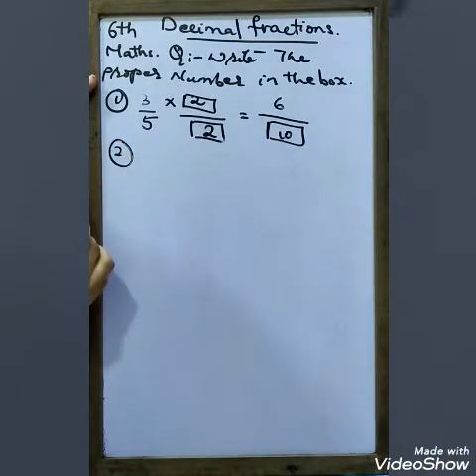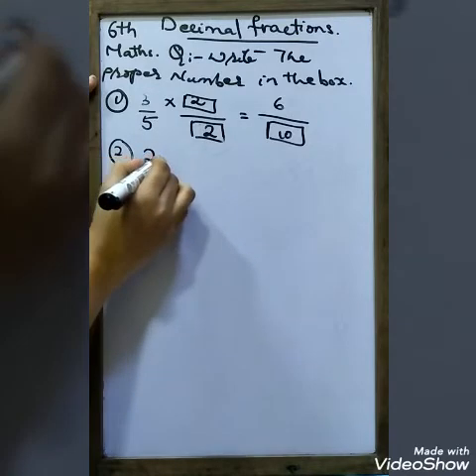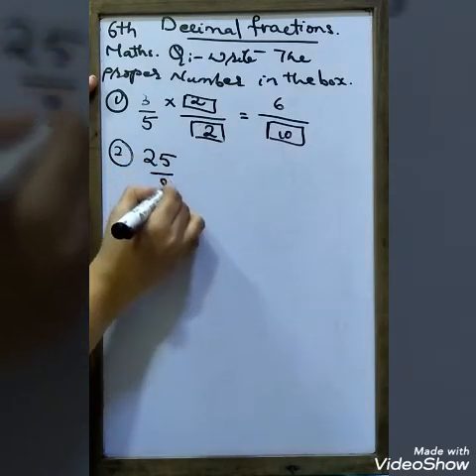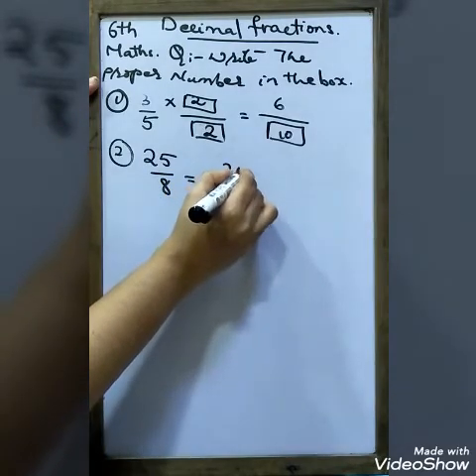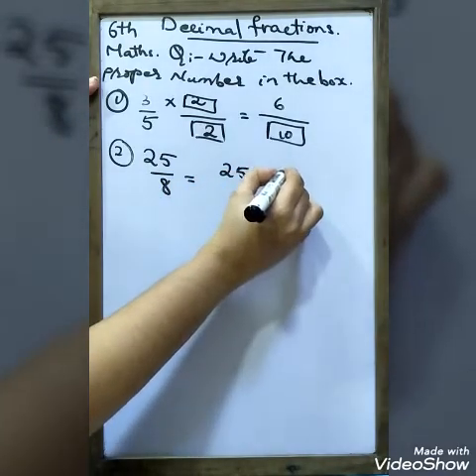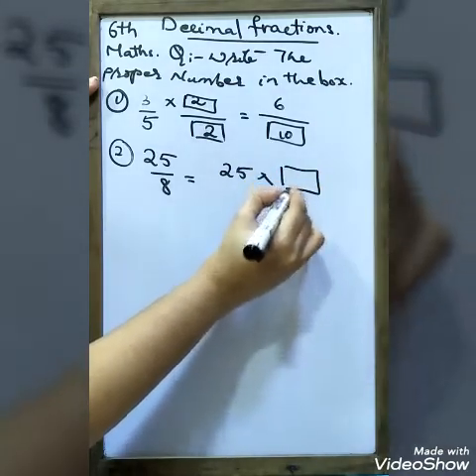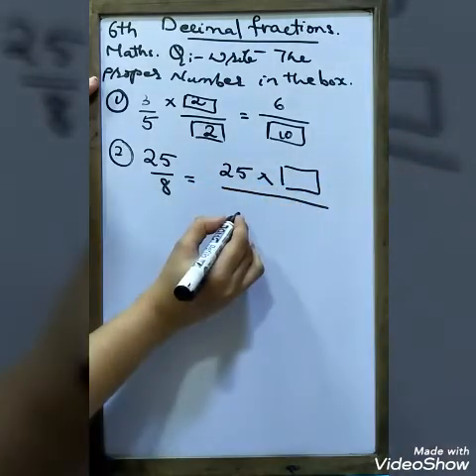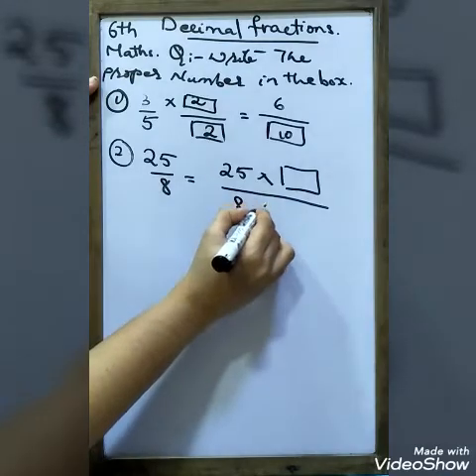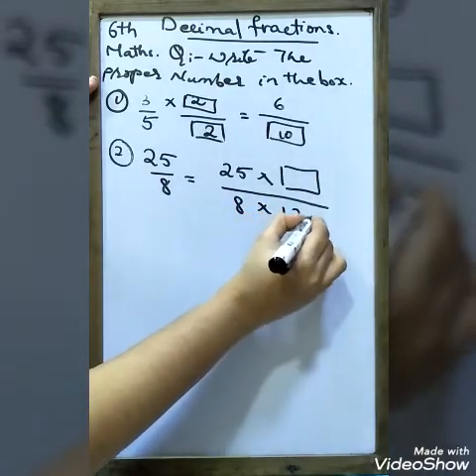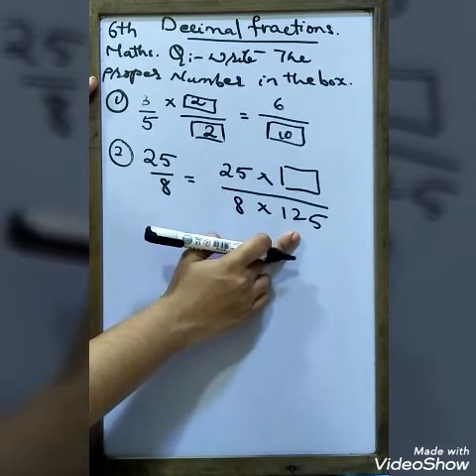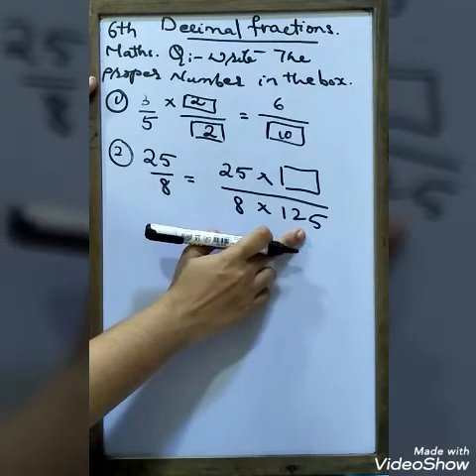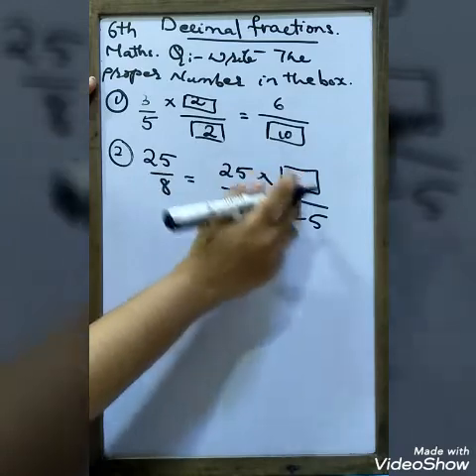Second question we are having 25 upon 8 is equal to 25 into the empty box, then afterward 8 into 125. Definitely the 125 is multiplied in the denominator, so this number should be multiplied in the numerator also.